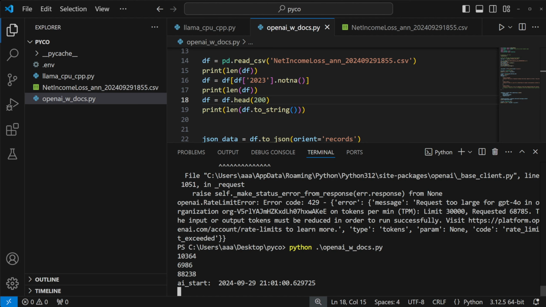We've got 88,000 characters now in the data frame that we're passing. If we divide that by 3.25, that gives us 27,000 tokens. So hopefully we'll be flying just under the radar.